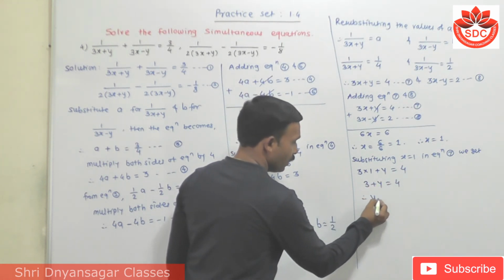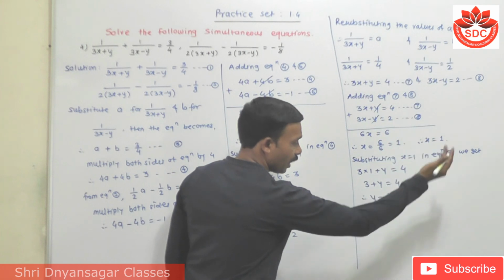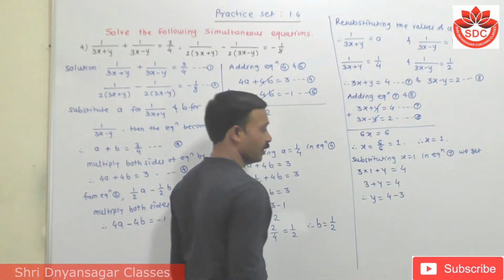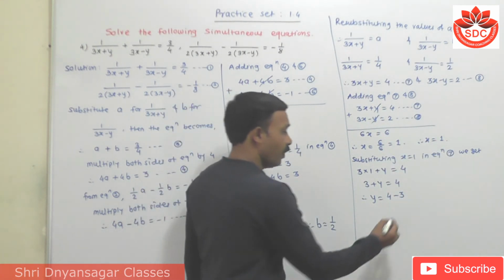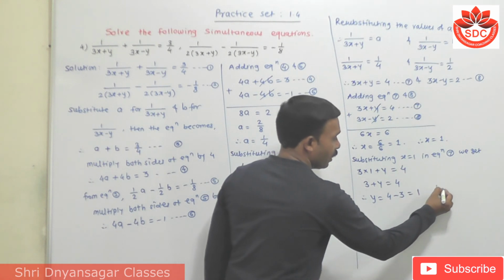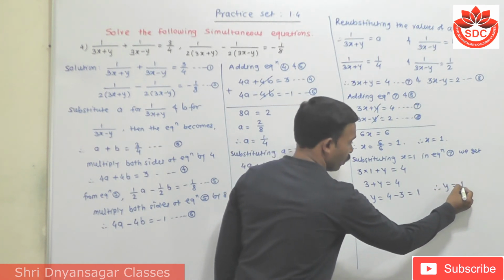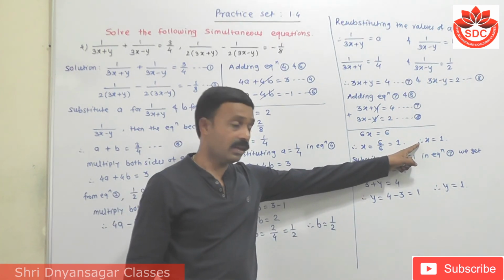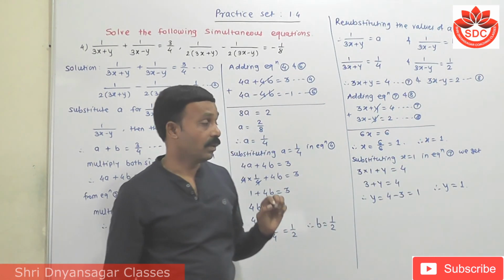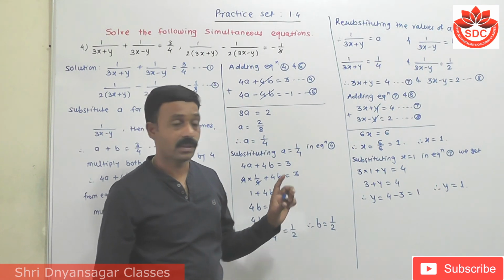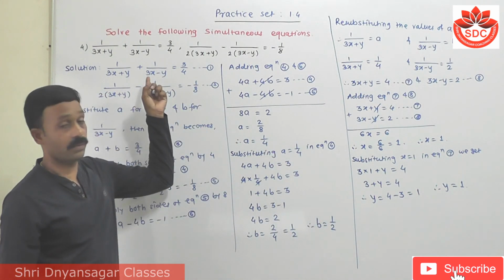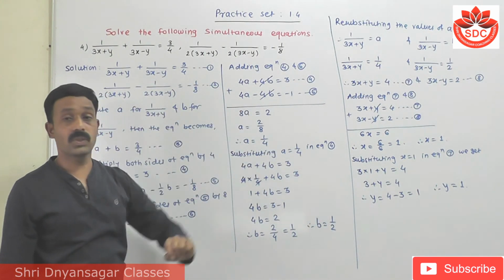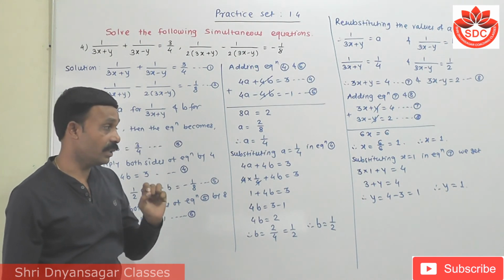That means y is equal to 4, this 3 transposed here becomes minus 3. The value is equal to 1. That means the value of y is how much? 1. That means here the value of x is 1 and y is also 1. These values satisfy the given equations, so it is called the solution of that simultaneous equation.